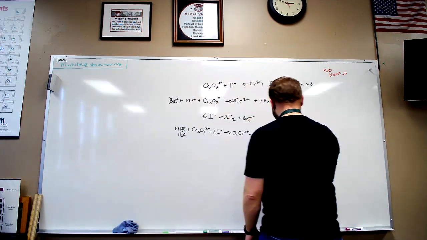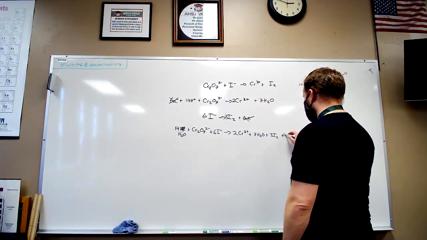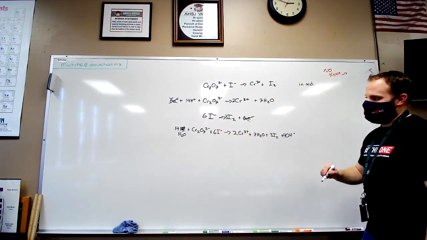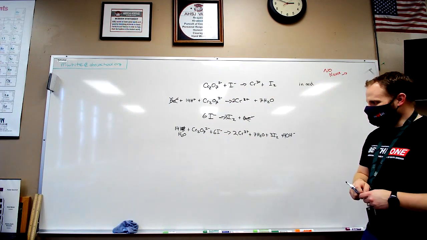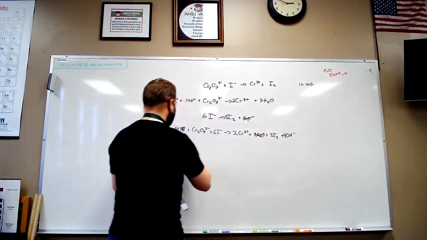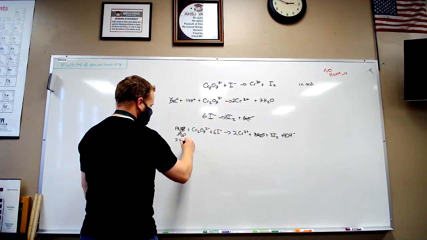But in order to keep things balanced, we add however many OH minuses that were there. And then we can cancel stuff out because we have 7 waters here and 14 here. We do that.